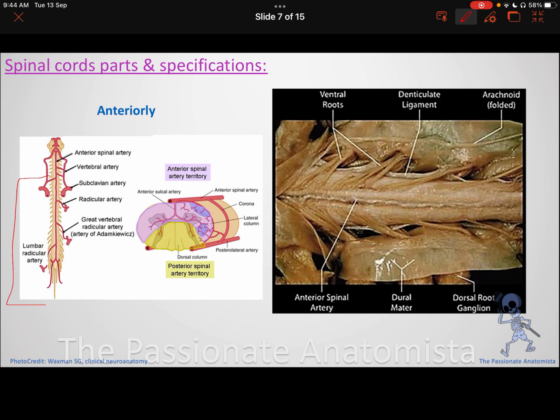All right, this artery is very important because if anything happens there, we're going to have a shortage of blood supply to the lower two-thirds, and that is going to give me what we call the anterior cord syndrome.